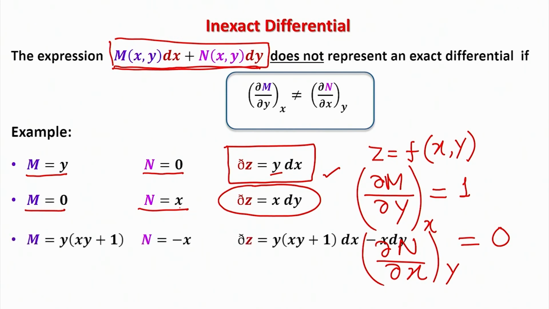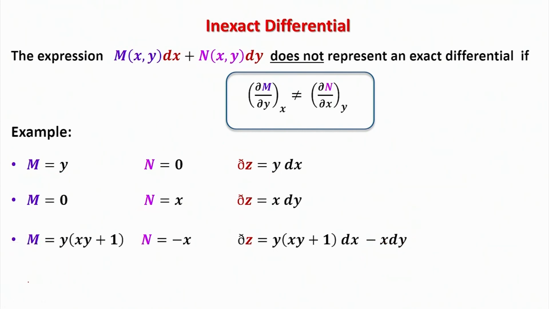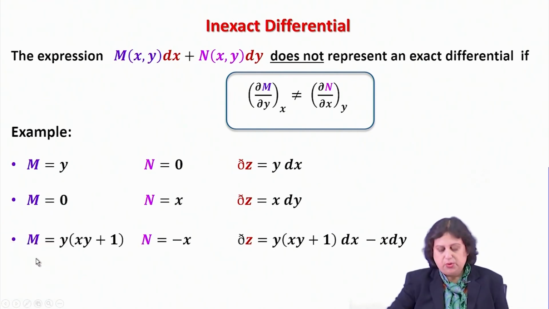Similarly, there is another example that I have taken where I have defined another differential dz that in this particular case is a little more complicated one, but still it is possible to find out the m and n values, and then if you do the little bit of algebra required here, you will see that (∂m/∂y)x is not equal to (∂n/∂x)y.